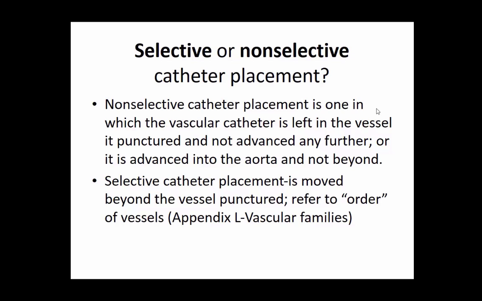With a selective catheter placement, you puncture a vessel to get into the body and then you select where that catheter is going to go within the order of vessels. And that's where that Appendix L comes into play. And this is the type of detail that the interventional radiologist and the cardiovascular coders get paid the big bucks for because they understand this.